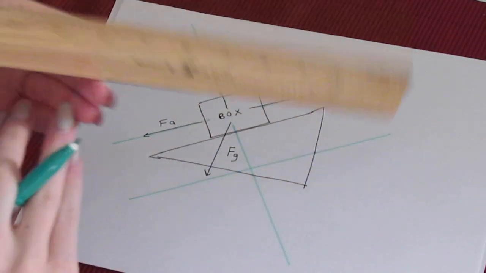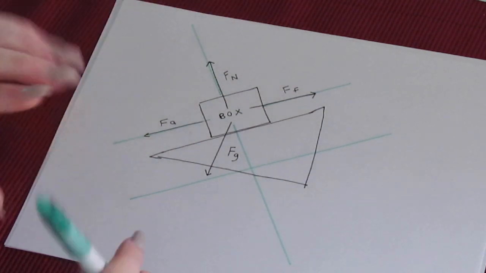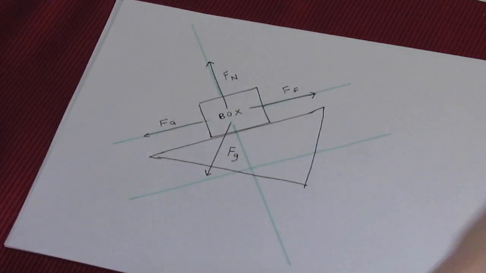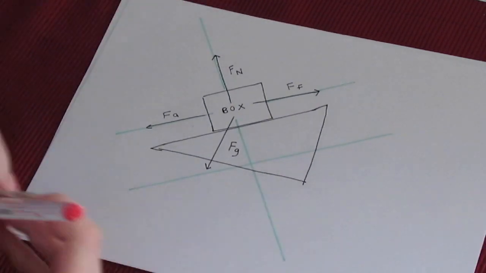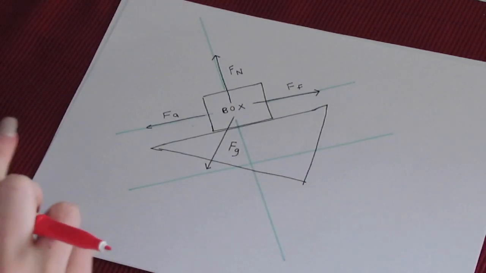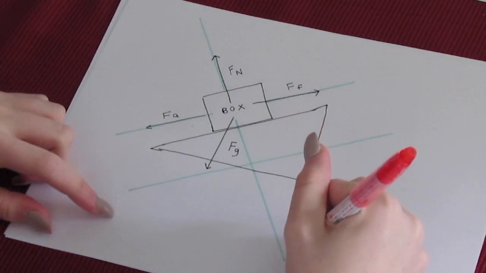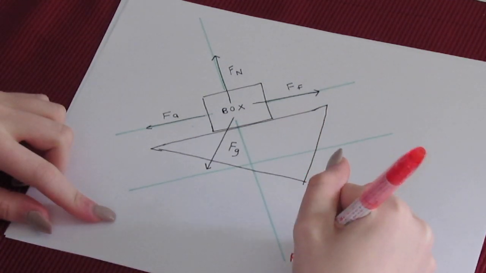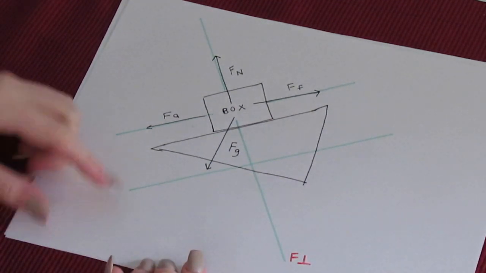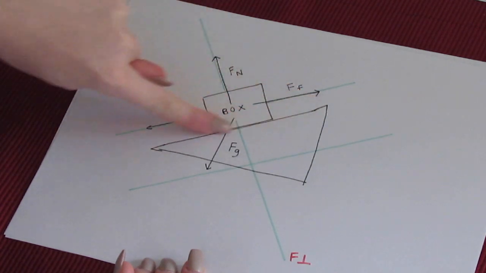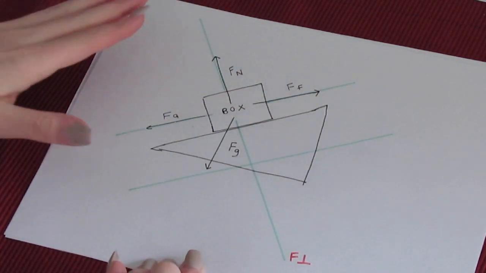Okay. So now we're going to label these new lines that we have. So this is your force perpendicular, because it is perpendicular to the ramp that the box is resting on.